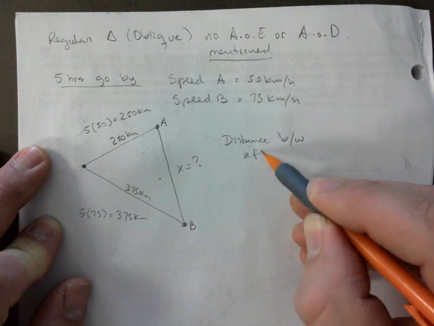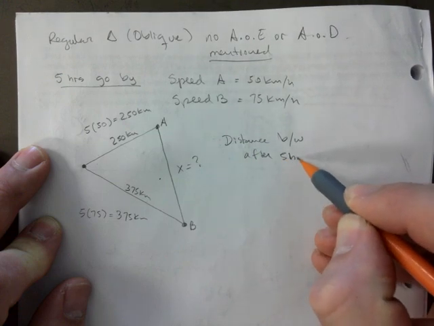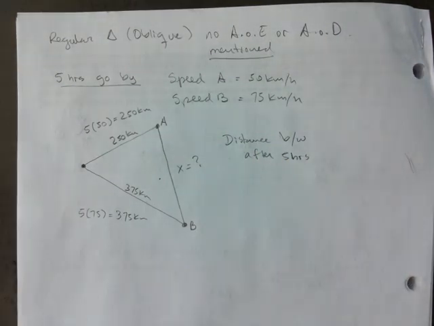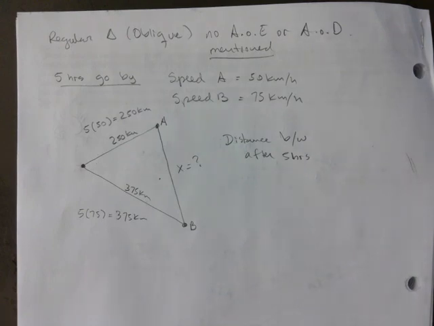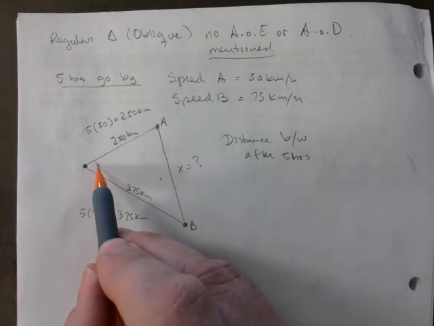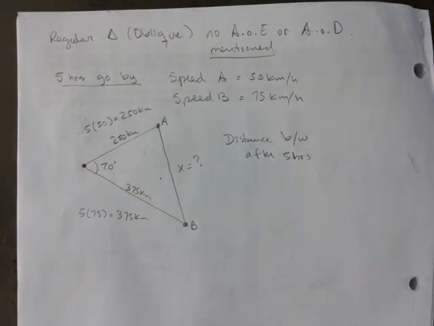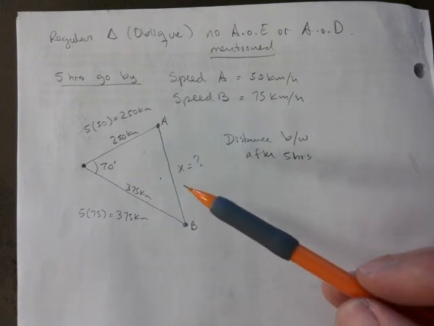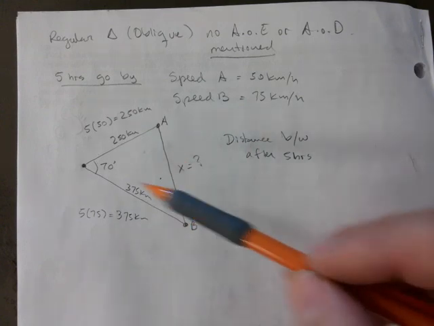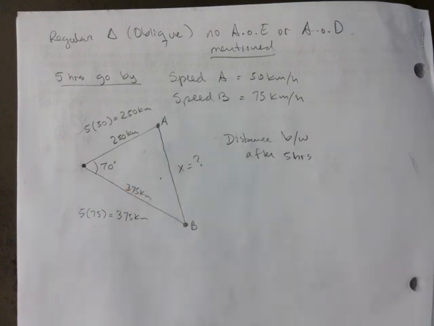Distance between after 5 hours. What's missing though? Can I solve it as is? Probably would have to give me either an angle. They would have to say that this is, let's say 70. They'd have to give you an angle, or they would have to say after 5 hours they're 500 kilometers apart. Determine the angle between their paths or something like that.